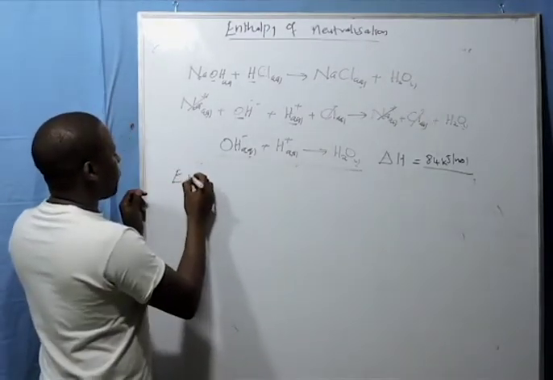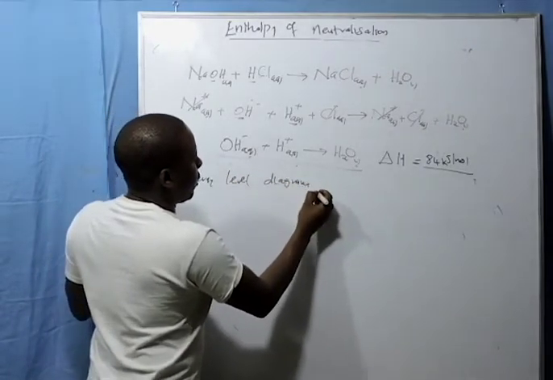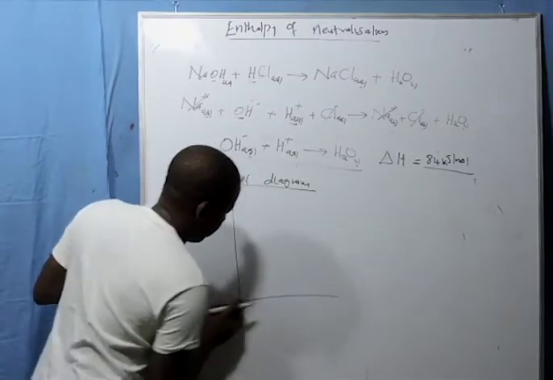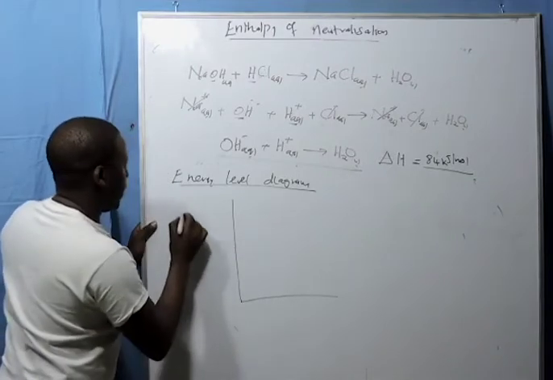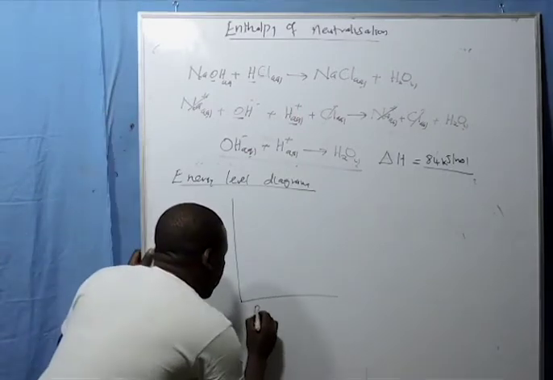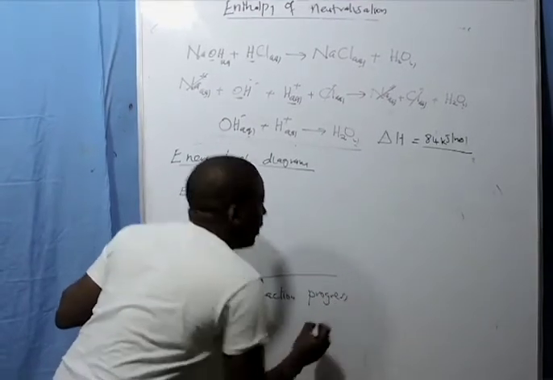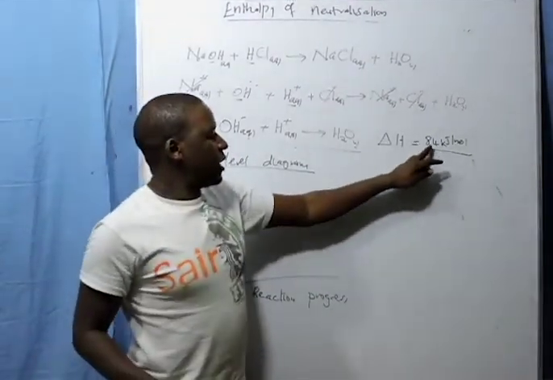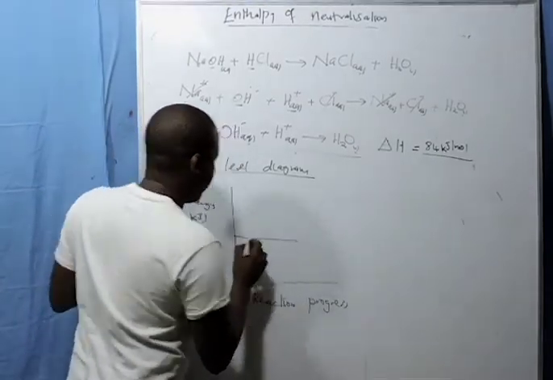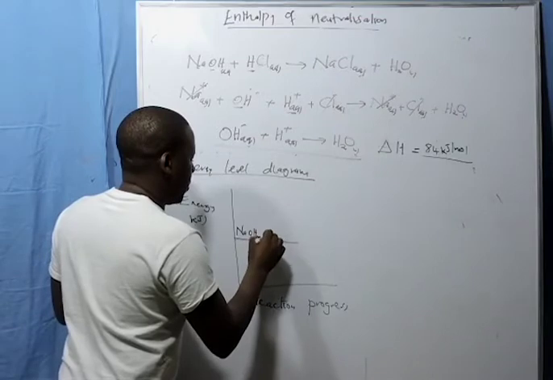The last one to do is the energy level diagram. This is what you do. You have your graph. This is energy in kilojoules, and this is reaction progress. When the sign here is positive, that means heat is absorbed. Therefore, this is sodium hydroxide plus HCl.